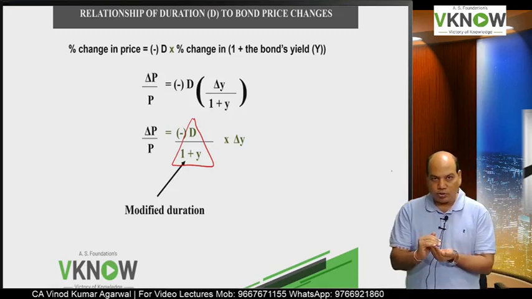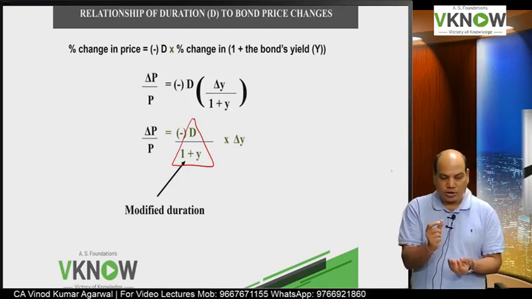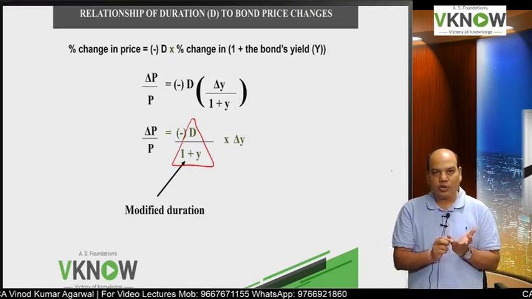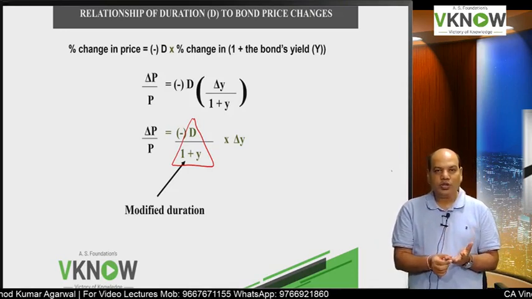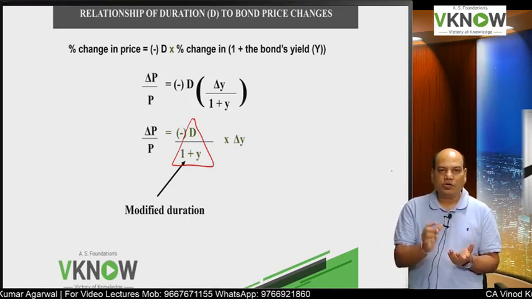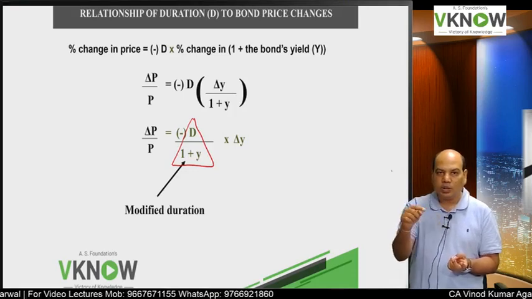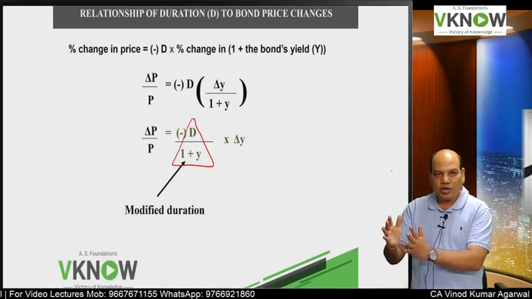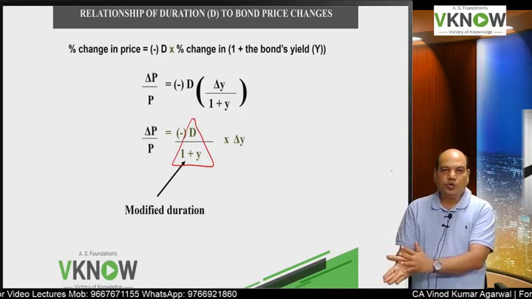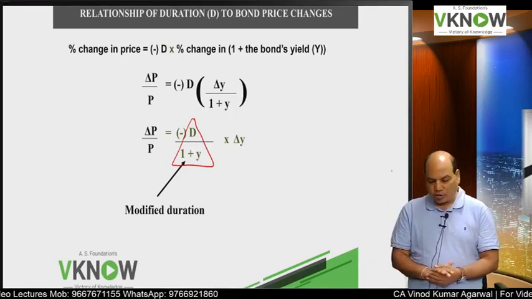So what is the process to find out the percentage change in price? First calculate duration. Duration upon 1 plus Y is modified duration. Modified duration multiplied by change in yield will give you percentage change in the price of the bond.